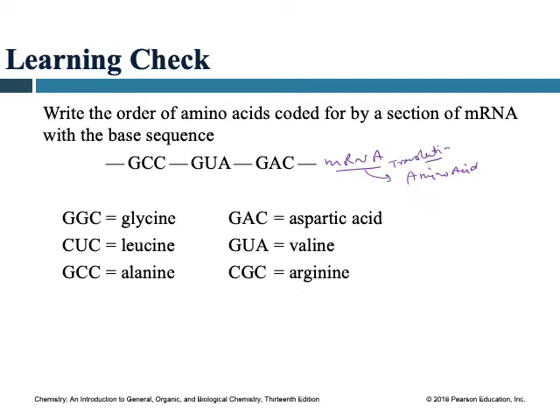So you have GCC, that means the first one is alanine, then you have GUA, which is valine, then you have GAC, which is aspartic acid. So this mRNA sequence codes for a protein that has the amino acid sequence of alanine, valine and aspartic acid, from N terminal to C terminal, right?